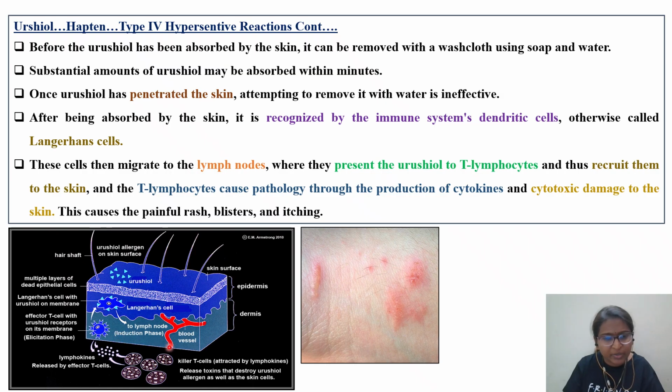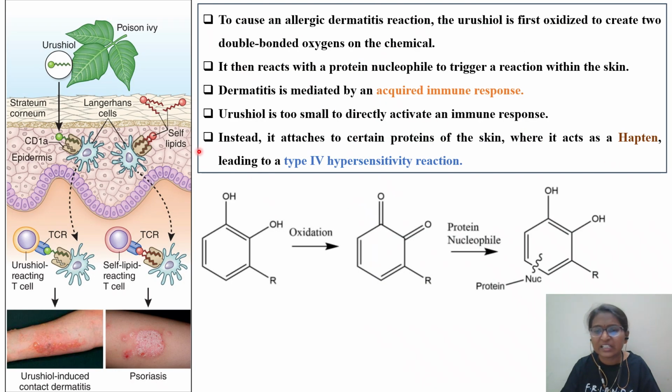Then this will come in contact with the lymph nodes, and there you will see the effector T cells and receptors, all of this undergoing the elicitation phase. Then lymphokines released by these effector T cells, killer cells, release toxins that destroy the artiol allergen as well as skin cells. So this is the basic mechanism. Try to remember, and also remember it is a type 4 hypersensitivity reaction.